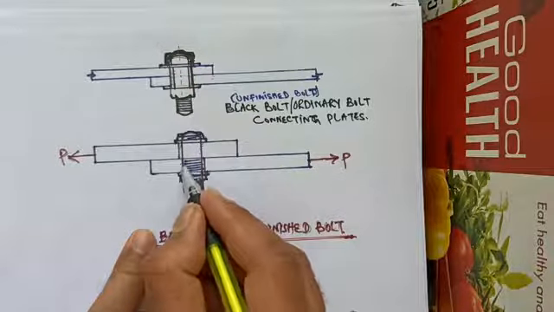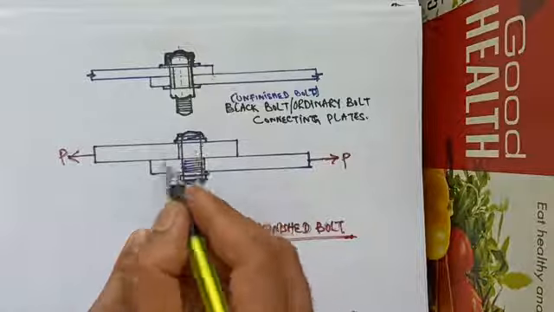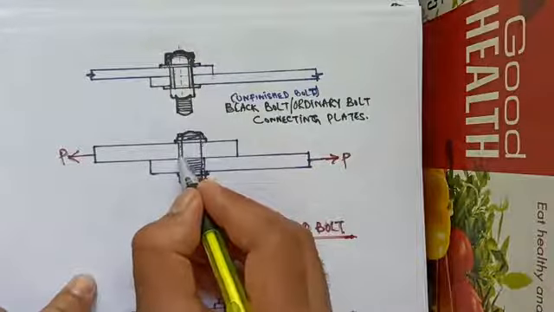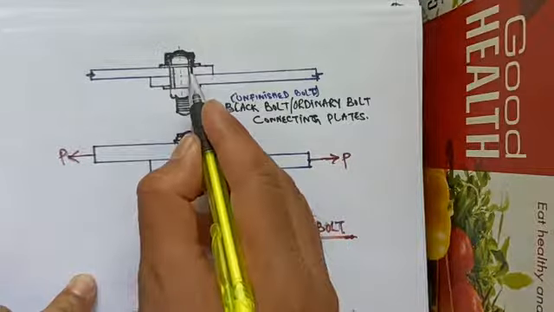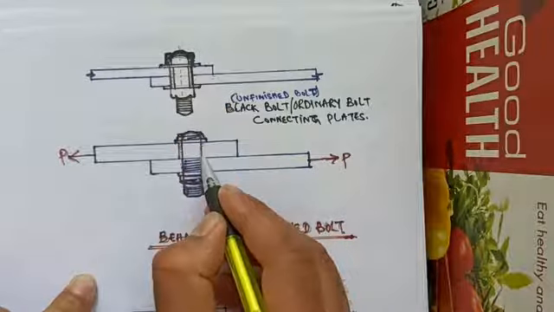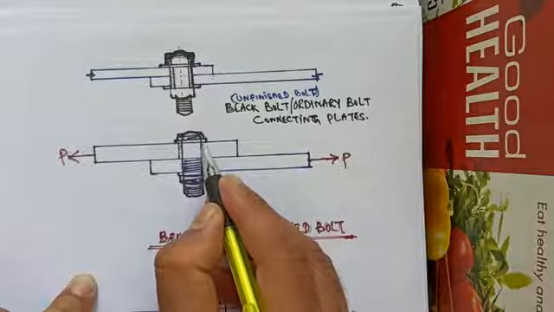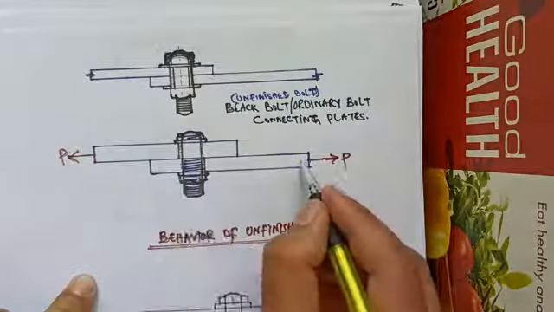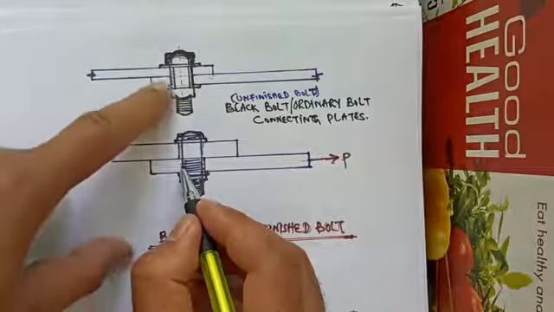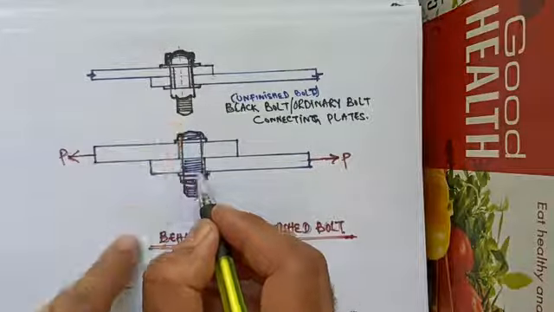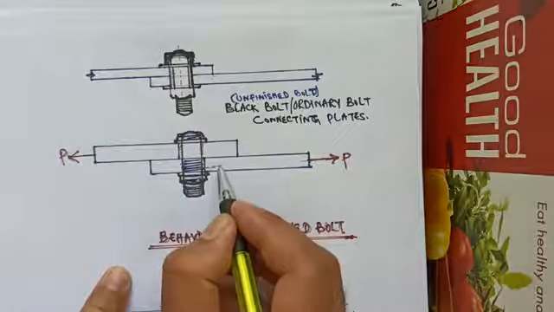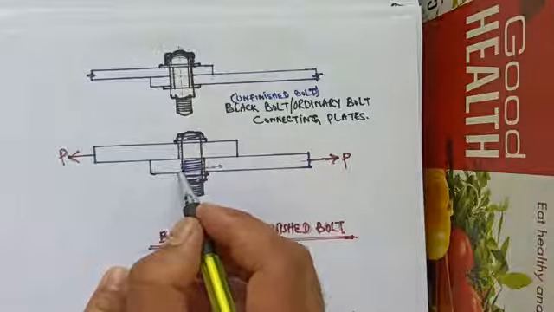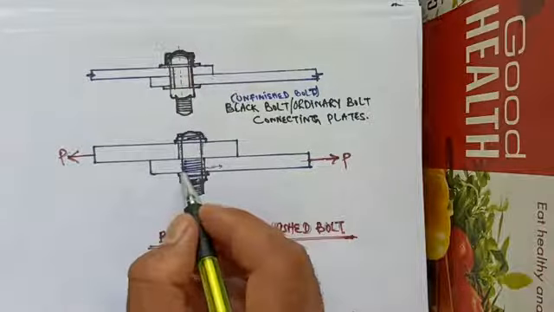Similarly here, the shank is in contact with the plate because due to this tensile load, there is a displacement of this much, and so the upper plate is in contact with the shank of the bolt. Because the direction of the load is in this direction, the bolt gets displaced in this direction and it actually meets the plate on the other side.